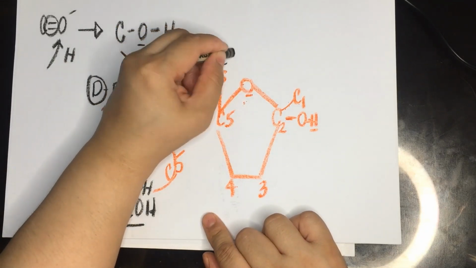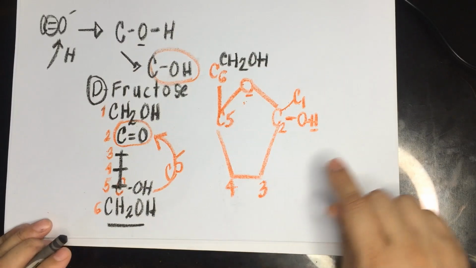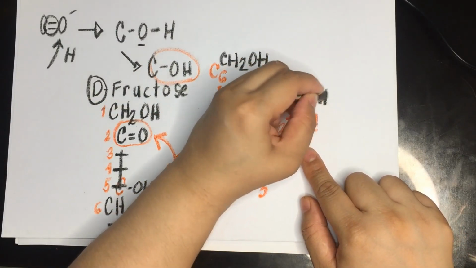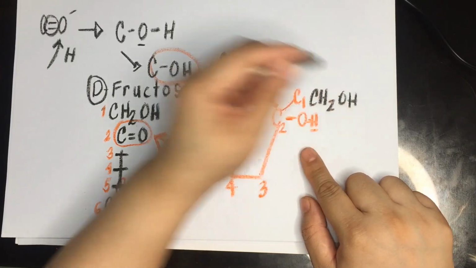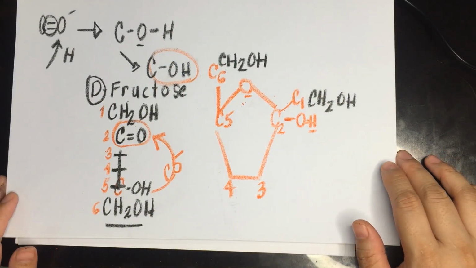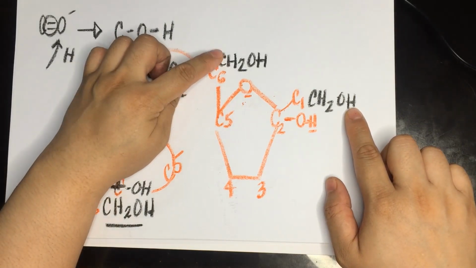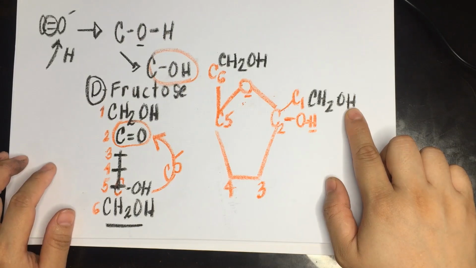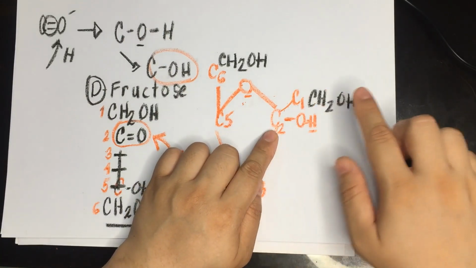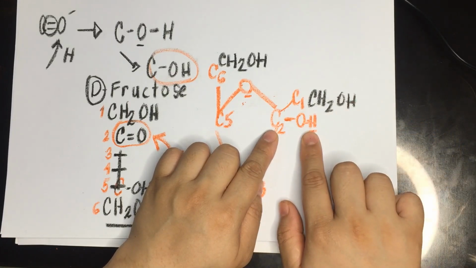So therefore, what about for our C1? C1 is still CH2OH. Okay, so in a ketone furanose ring, we have two alcohols that are being attached. The first alcohol is attached to carbon number 2 together with the hydroxyl group.